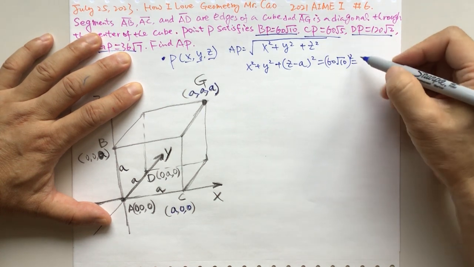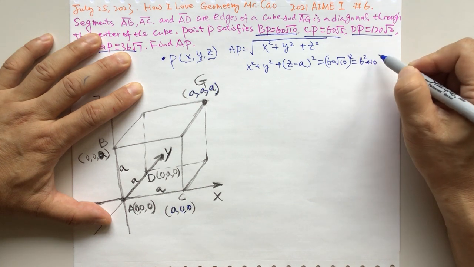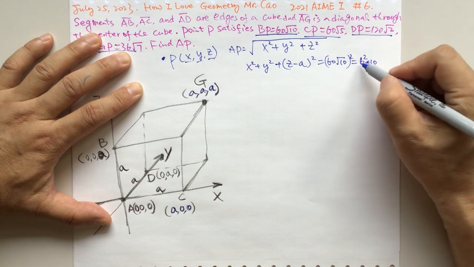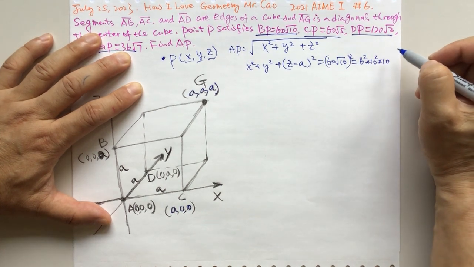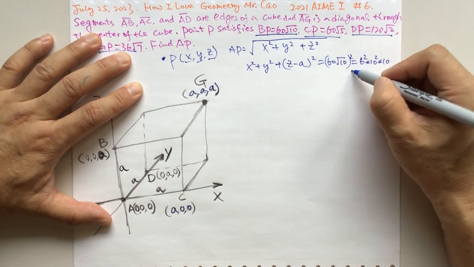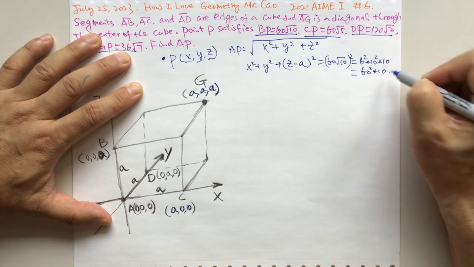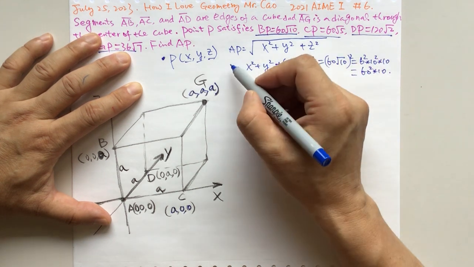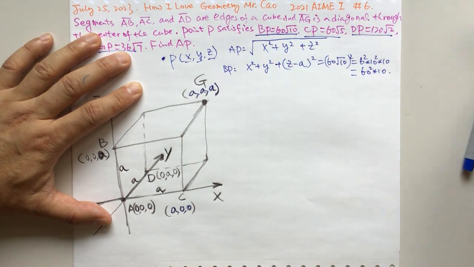That's 6 squared times 10 squared times 10, or we can write 60 squared times 10. That's for BP.